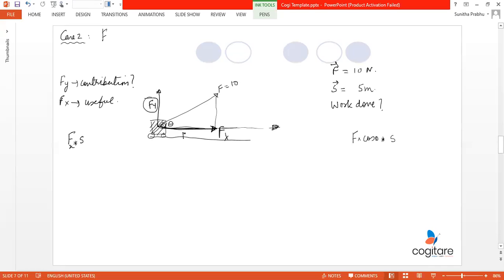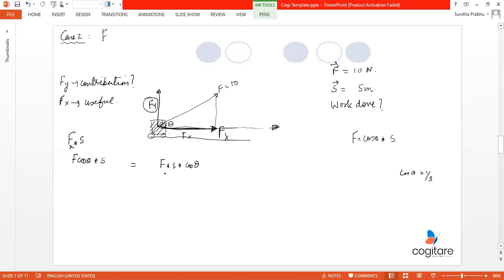And just now we have seen that Fx is nothing but F cos theta. So F cos theta multiplied by the displacement. Cos theta is a ratio, whether it is half or 1 by 3 or root 3 by 2. So you can say this is F into S into cos theta.